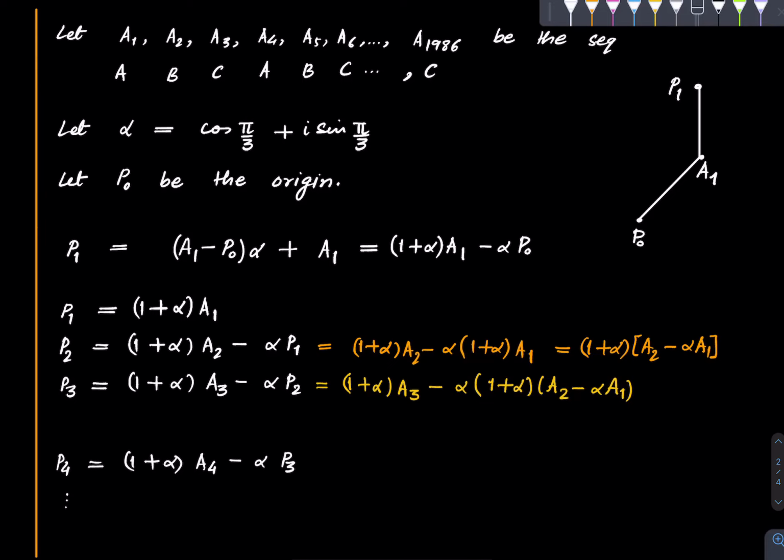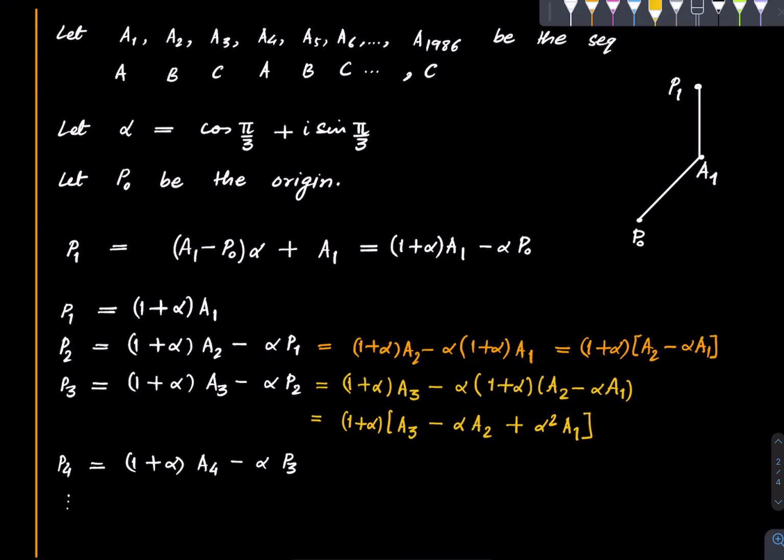If we compute it, it is 1 plus alpha A3 minus alpha A2 plus alpha squared A1. I hope this is correct. No, I don't think there is any problem with it. Yeah. So that's what it is.